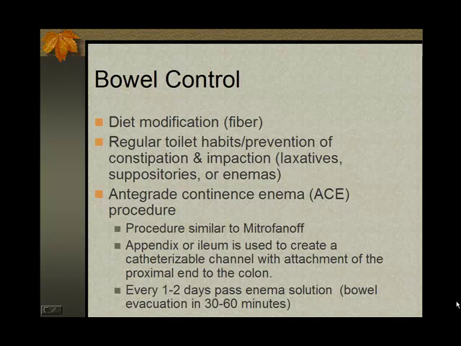It's not trying to do it through the rectal sphincter. And so they'll do the enema solution, and within 30 to 60 minutes they should have a bowel movement. And that way they don't have to worry that they may have a bowel movement, because they can't feel it until it's come, when they're out in public and playing with other kids.